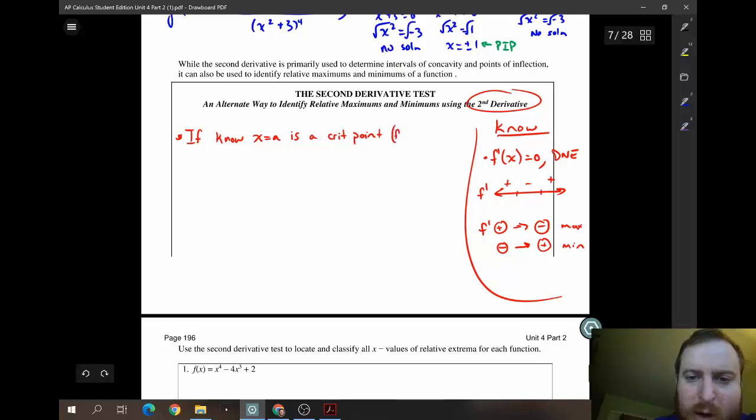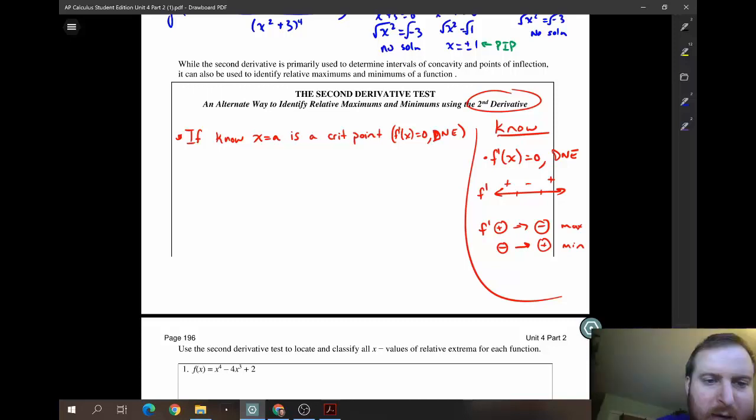Like basically f prime of x was 0 or it was DNE. And this is a critical point. Now, it's a possible inflection point. So there are three cases: case 1, case 2, and case 3.